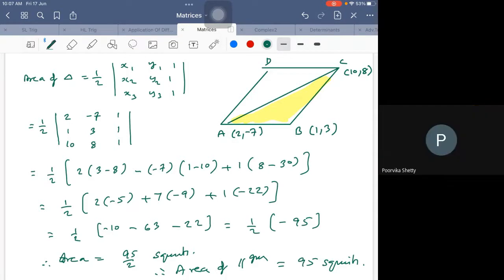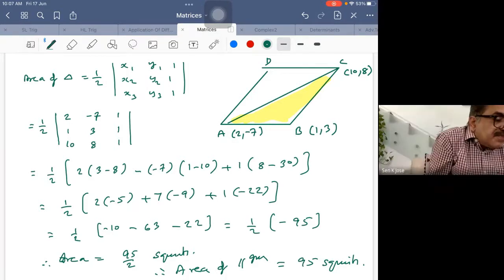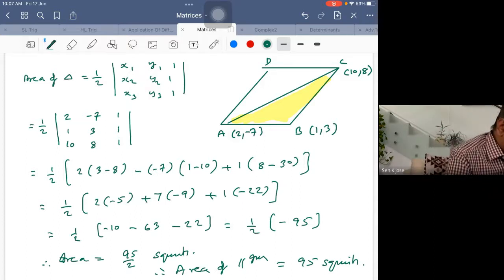No, it's not working out to be 95, sir. 1 into 6 plus 7 is 13. So if I write it 1 into 6 plus 7, which is 13, minus 1 into 16 plus 70, 86.